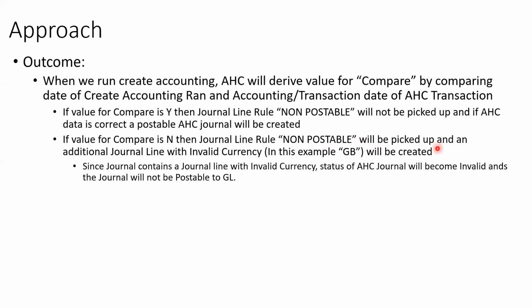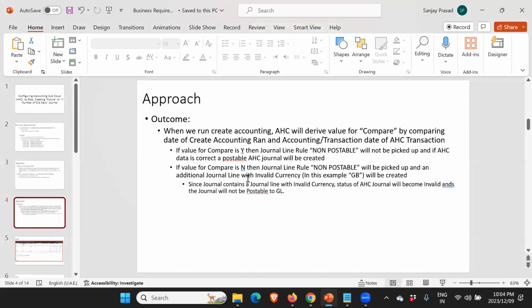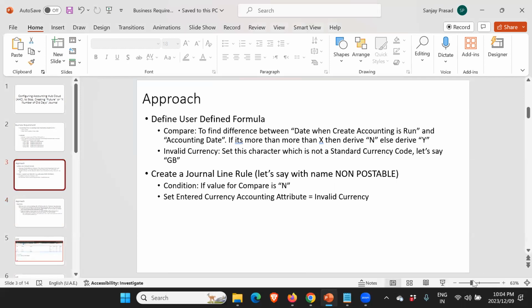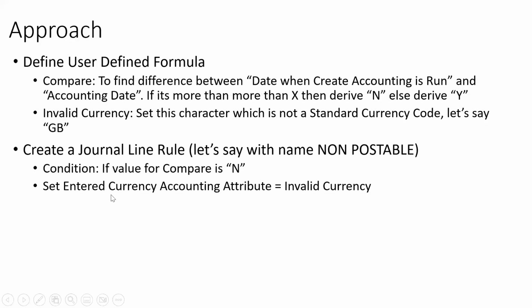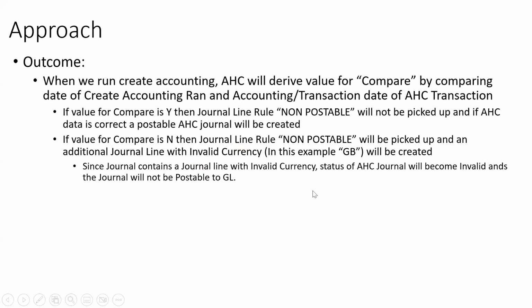will be picked up by the create accounting, as an additional journal line with invalid currency, because we have set the entered currency for the JLR as invalid currency. So when we run the create accounting, it will pick the non-postable journal line if value for compare is N, and currency for that line will be an invalid currency.